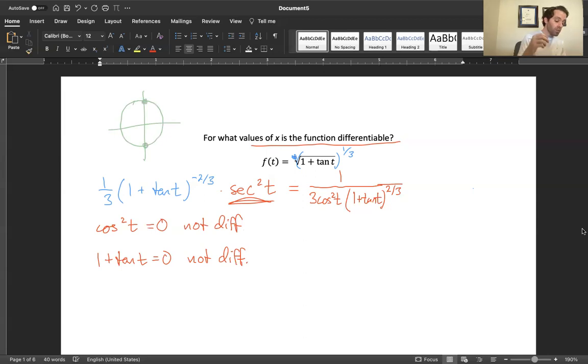So this is going to be not differentiable at points where, let's see, t is equal to pi over 2 plus n pi, where n is an integer. I won't use that fancy symbol for it. I'll just say n is an integer.